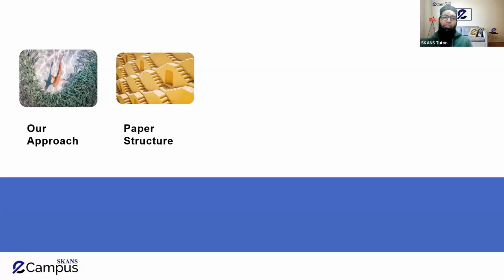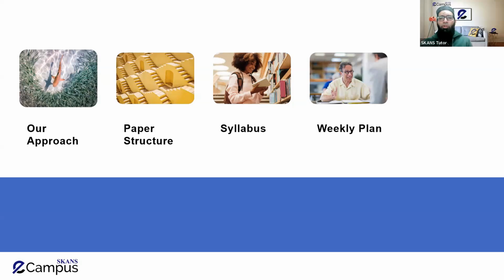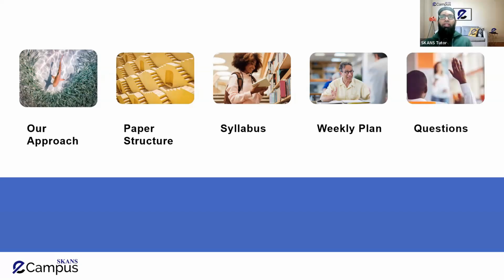Next, we will review the exam structure, the paper pattern, etc. We will also examine the syllabus to ensure a thorough understanding of the subject matter. Then we will discuss a weekly plan with you. After all that, we will conclude our session with a question and answer. So this is today's agenda, right?